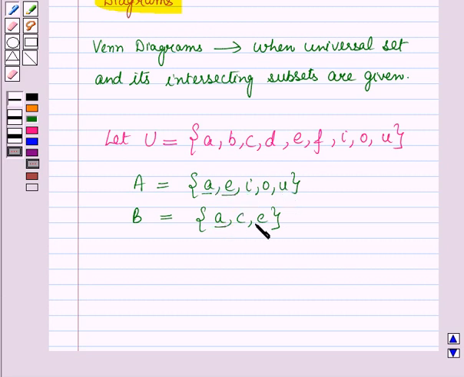That is, these elements are in common to both these sets, so these two sets will be intersecting or overlapping sets.